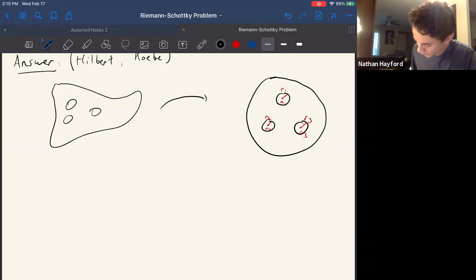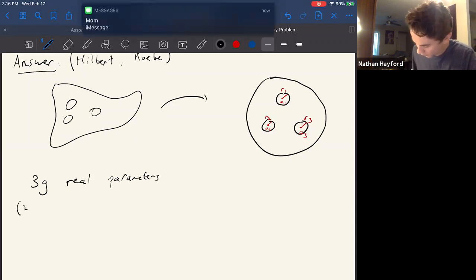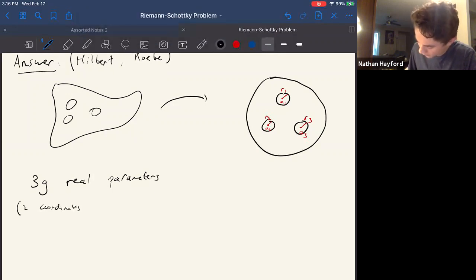So how many parameters are there? Well, there are 3 times the number of holes, real parameters. Where is the 3 coming from? Well, 2 coordinates from the position of the center of the disk, and then 1 more from the radius.